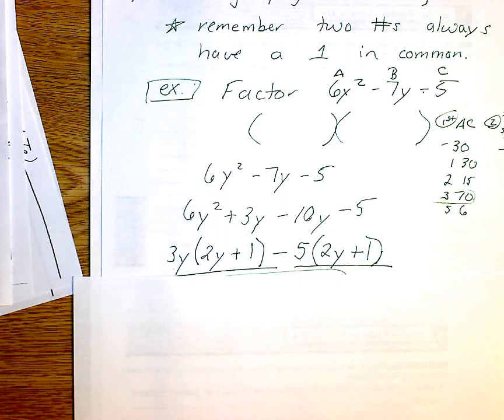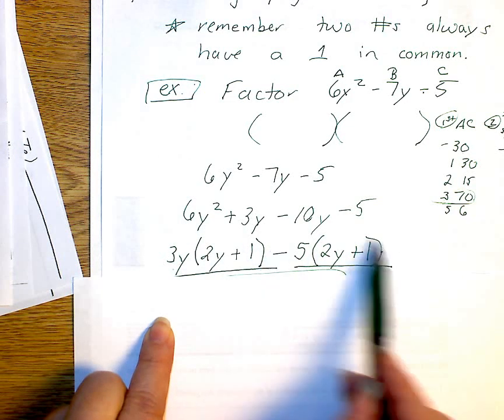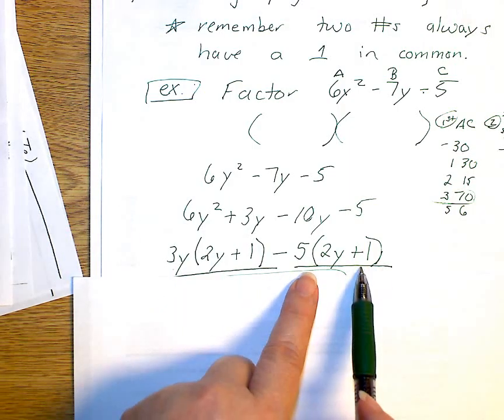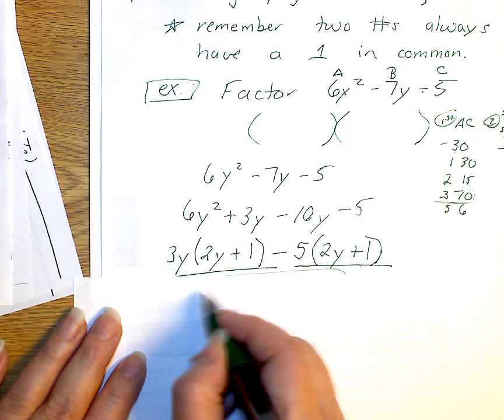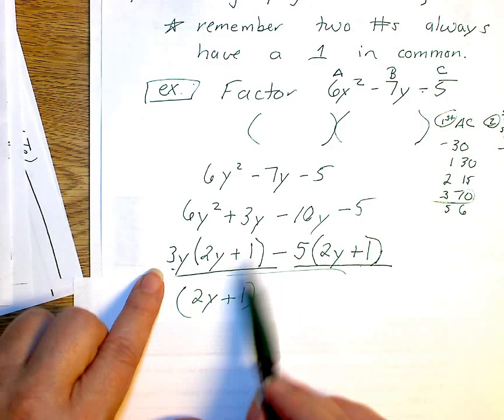Listen, Kelsey. This is one term, and this is one term. What does this term have in common with this term? 2y plus 1. Now you're looking back at this term.